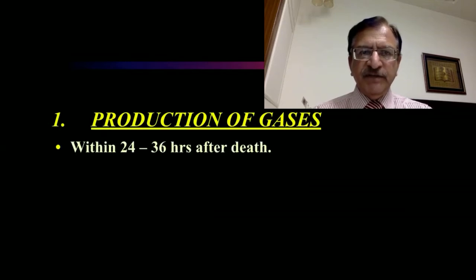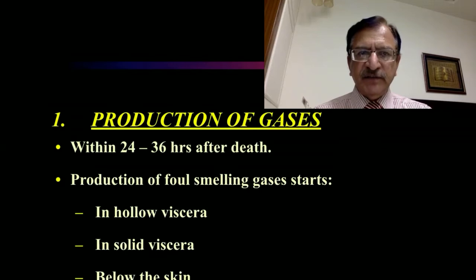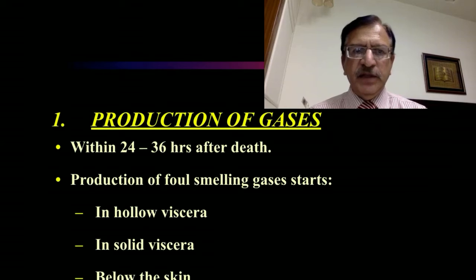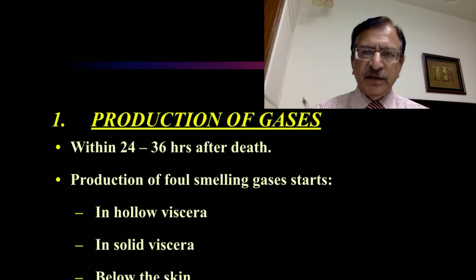There is production of gases, and within 24 to 36 hours after death, they develop and the foul smell starts emitting out. They accumulate in the hollow viscera first, then the solid viscera. They can also undergo putrefaction and the gases accumulate even then.